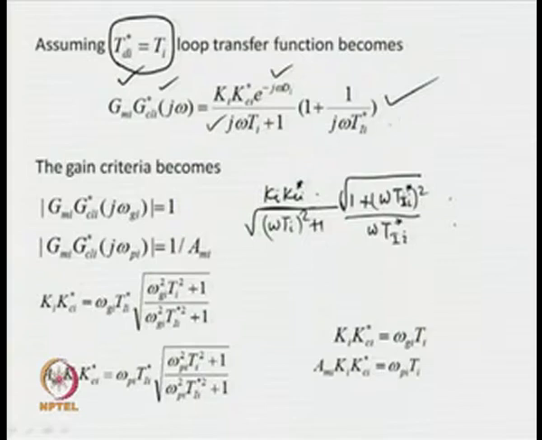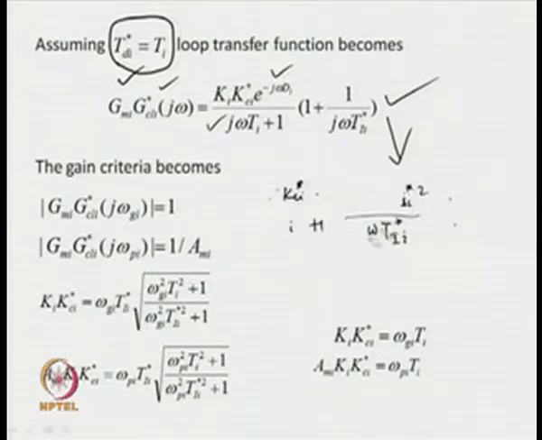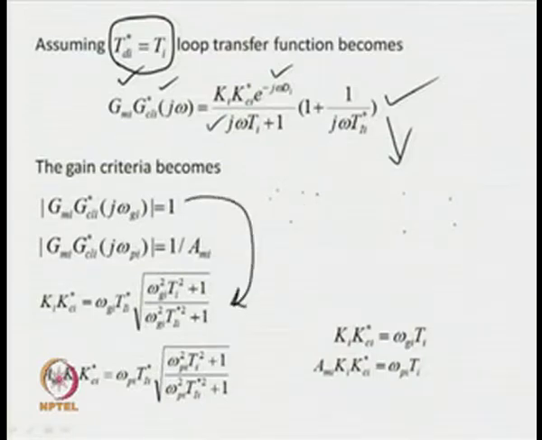So, the loop gain in absolute form can be represented in this form, but when we make use of the first expression, this expression can further be written in the form of Ki KCi star equal to omega gi Ti star times root of (omega gi square Ti square plus 1) upon (omega gi square Ti star square plus 1).